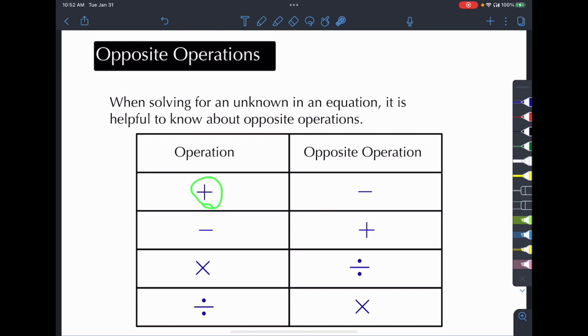The opposite of adding something is subtracting that same thing. The opposite of subtracting is, of course, adding. The opposite of multiplication is division, and the opposite of division is multiplication. These are good things to keep in mind. If you need this chart, keep it in your notebook and make sure you know where it is. But I think most of you can probably remember these. So once again, adding is opposite to subtracting, multiplication is opposite to division, and vice versa.